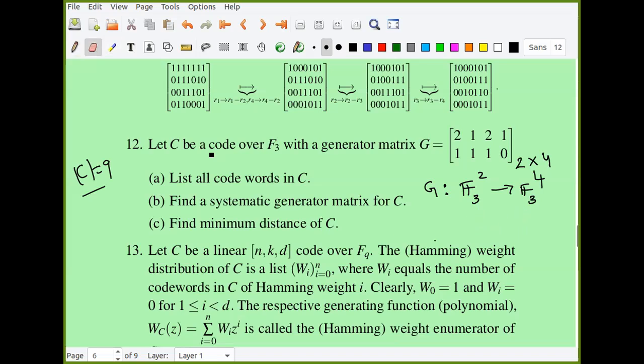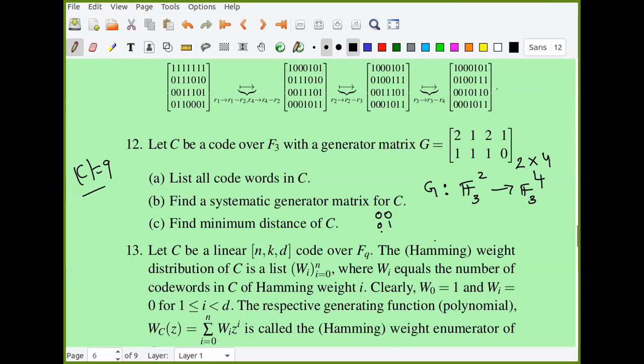So okay, fine. So F3 squared. What are the elements in F3 squared? You know F3. F3 cross F3, right? Yes, sir. Tell me the vectors.